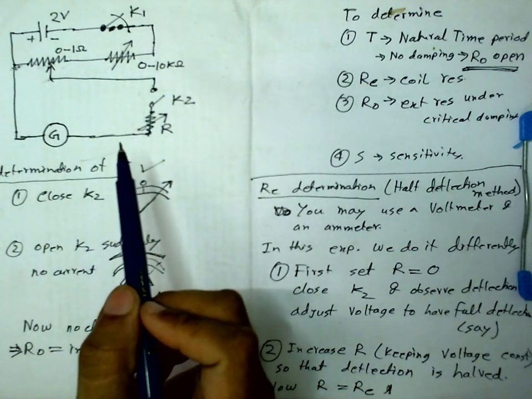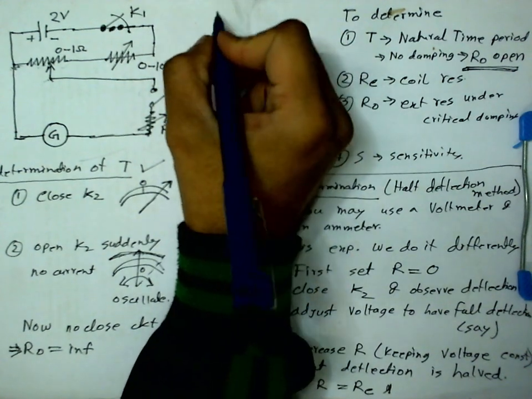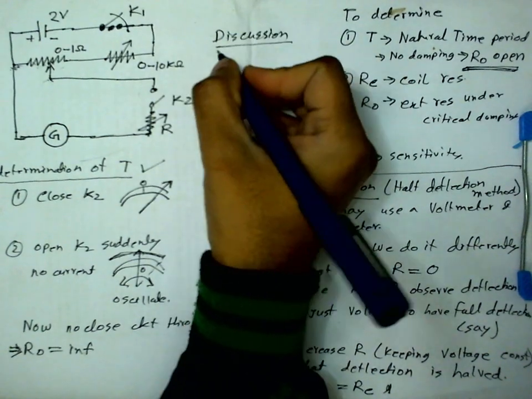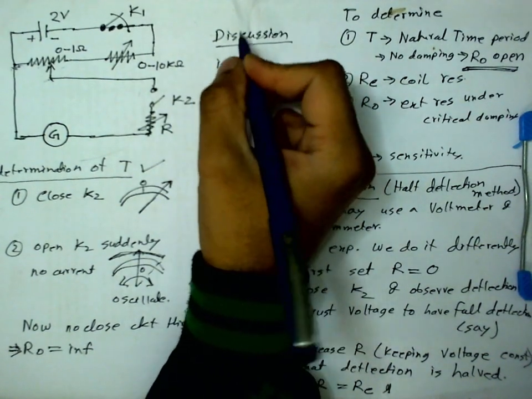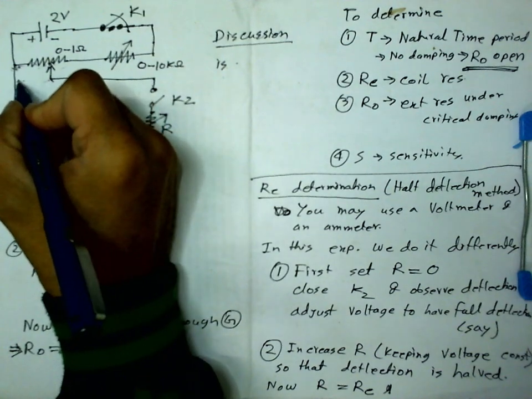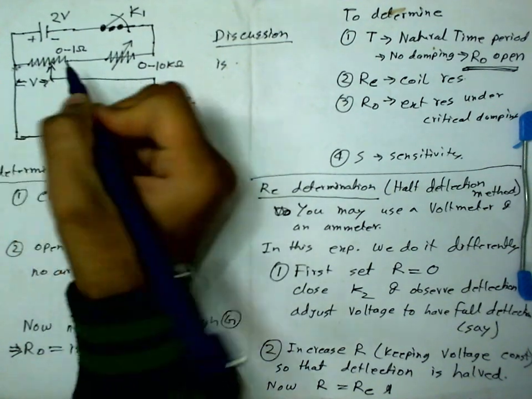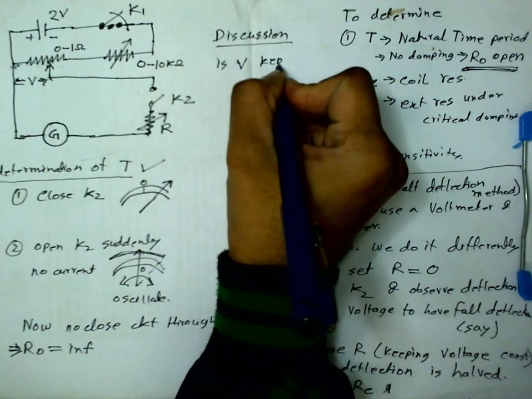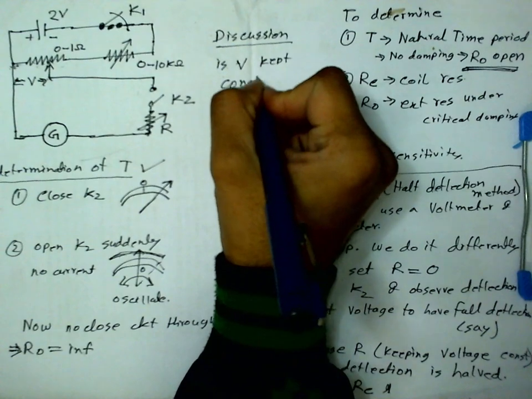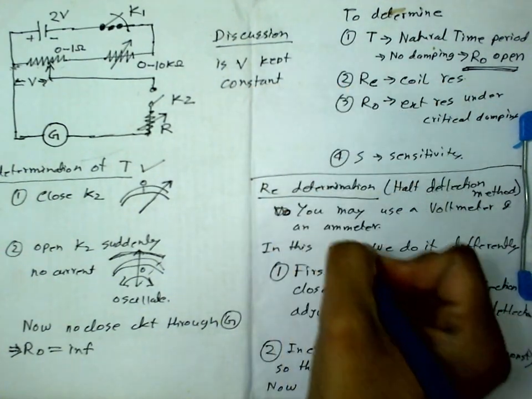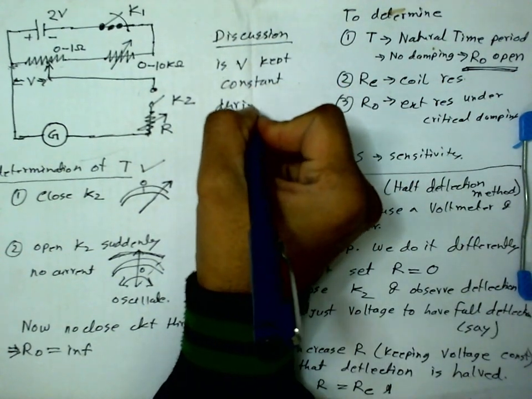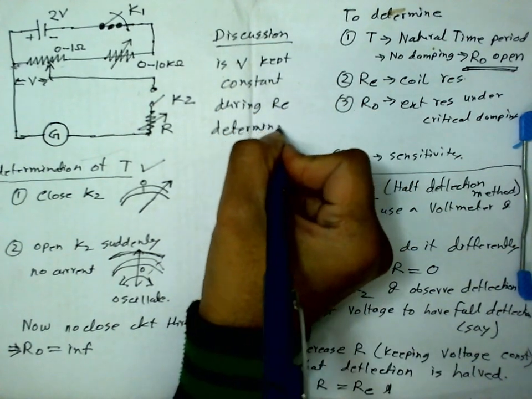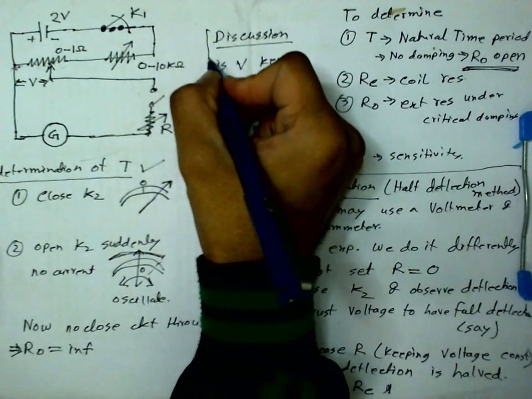So one point you may like to do in the discussion is: is this voltage, if I call it V, kept constant during RC determination. You may like to do this in your report.